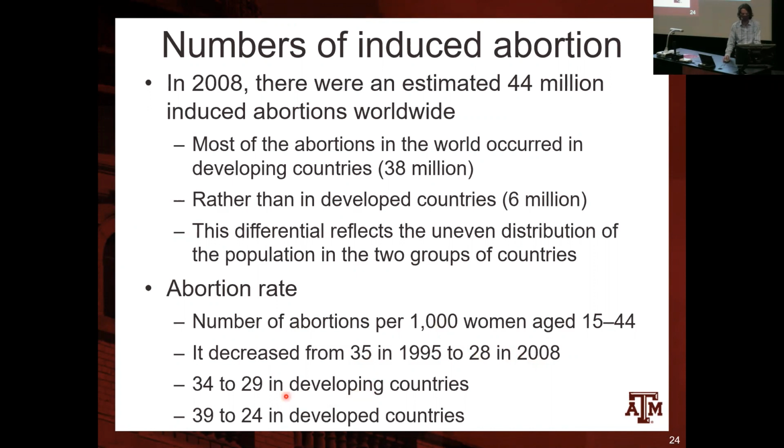In developing countries, it declined from 34 to 29. And in developed countries, it dropped even more, from 39 to 24. Developed countries proportionally have more places where abortion is legal. But even with abortion being legal in those countries, they have lower rates of abortion.